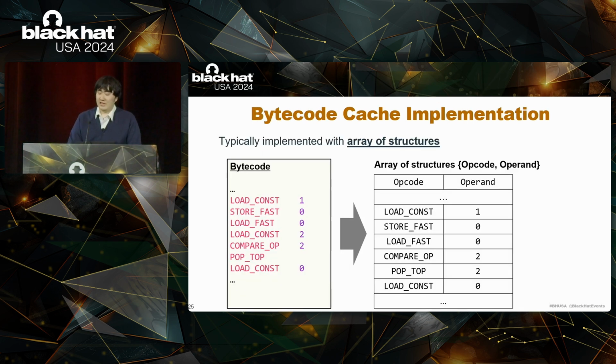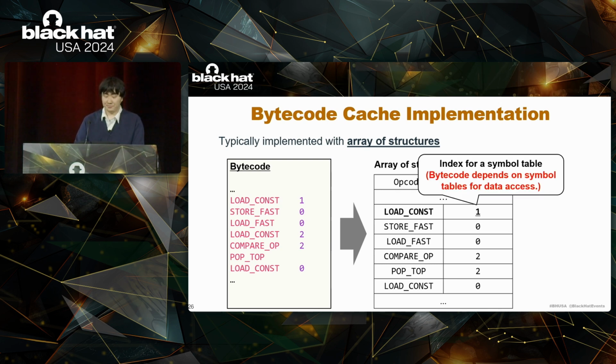Bytecode cache is usually implemented as an array where each item is a pair of an opcode and operands. For example, this load const instruction has an operand, which is an index for a symbol table. It is not an immediate value. Other data access instructions also require one or more indexes for symbol tables.